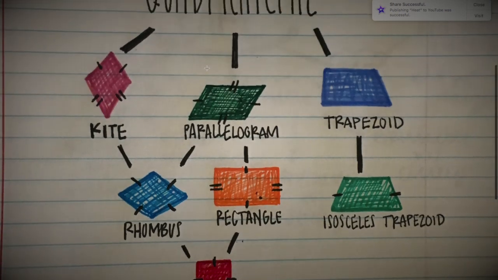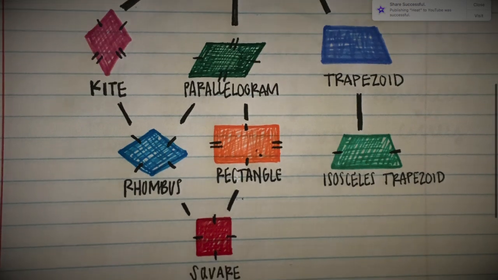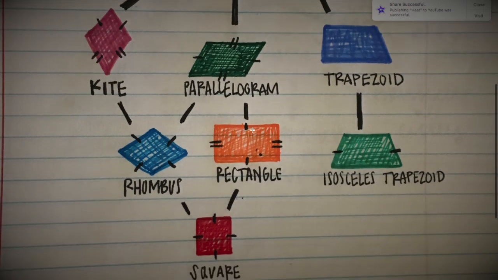Well, it has the four sides and the four angles to make it a quadrilateral, and it has two pairs of parallel lines to make it a parallelogram. But what is unique to a rectangle is, along with having the four sides, the four angles, and the two pairs of parallel lines, it also has right angles.